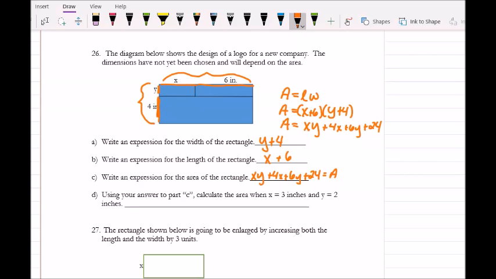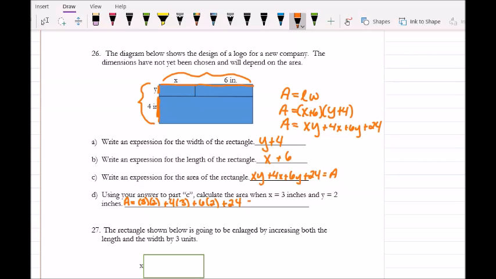Okay, using your answer to part C, calculate the area when x equals 3 inches and y equals 2 inches. Okay, so I'm going to plug those into that expression. So A equals xy would be 3 times 2, plus 4x, 4 times 3, plus 6y would be 6 times 2, plus 24.